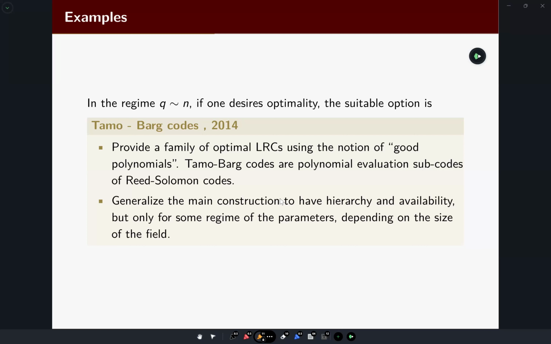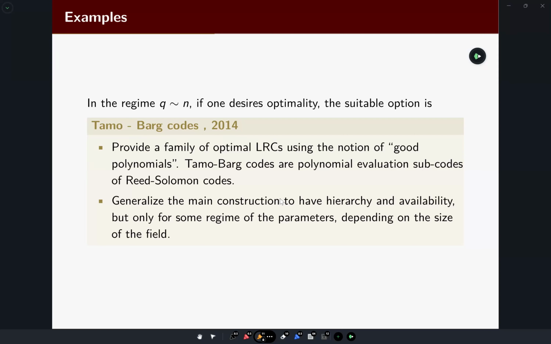But while the main construction of LRCs is probably the best known, the generalization that they provided has some arithmetic restrictions. The construction for hierarchy and availability is not very flexible.